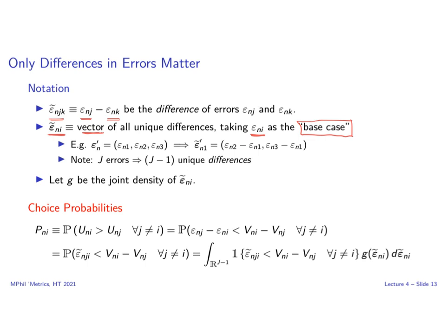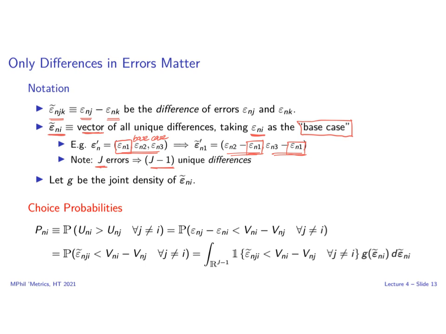For example, consider a setting with 3 alternatives and thus 3 error terms, epsilon_n1, epsilon_n2, and epsilon_n3. Here, we could calculate 2 differences relative to the first error term, namely, epsilon tilde_n1 is equal to epsilon_n2 minus epsilon_n1 as the first element, and epsilon_n3 minus epsilon_n1 as the second element. If there are J alternatives, then there are J errors, and consequently J minus 1 unique differences.